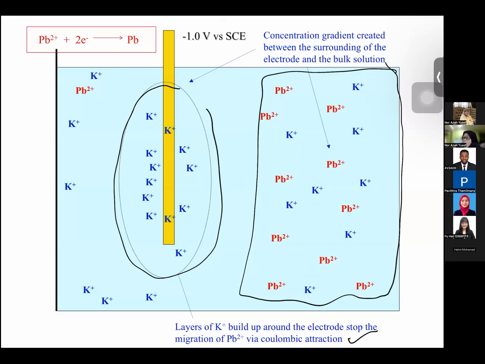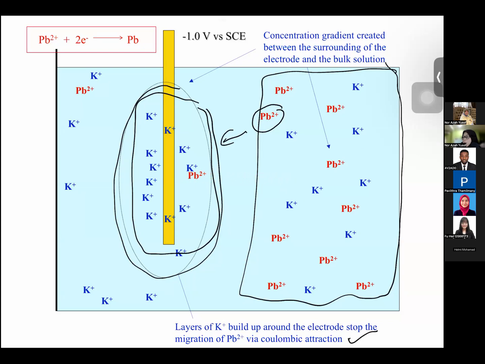Once potassium has covered this area, Pb2+ no longer can go here because of the electrostatic charges, as both are positive. So Pb2+ has difficulty approaching the electrode.